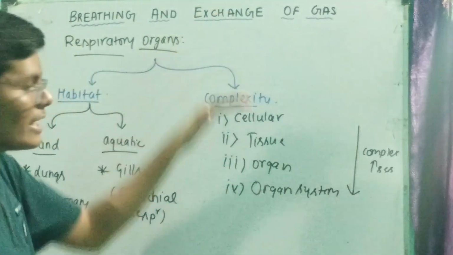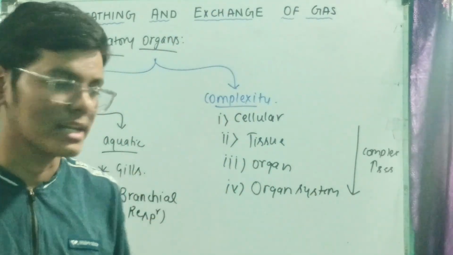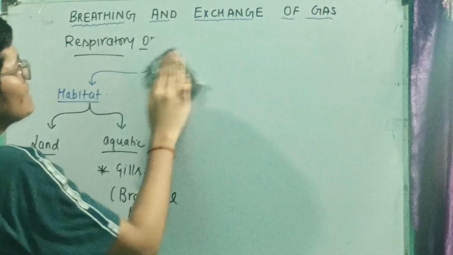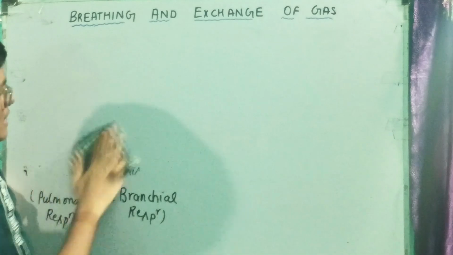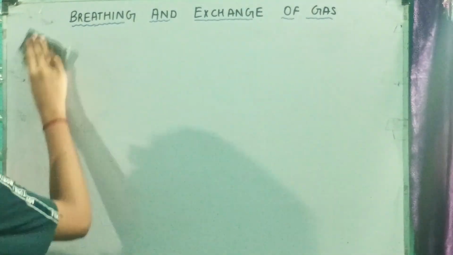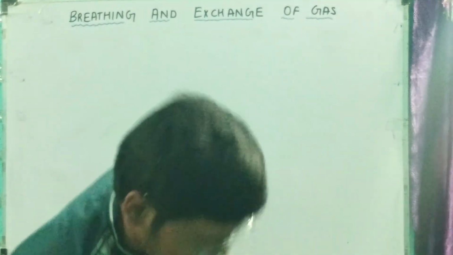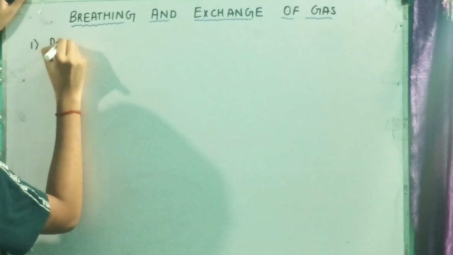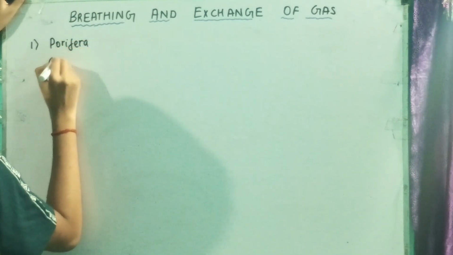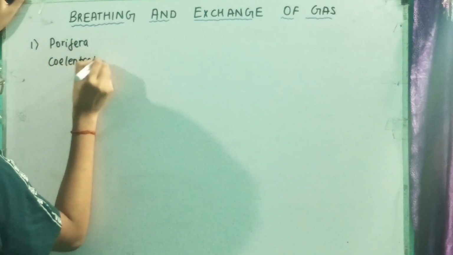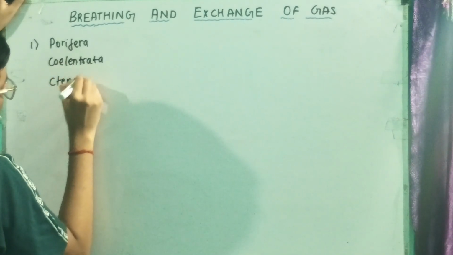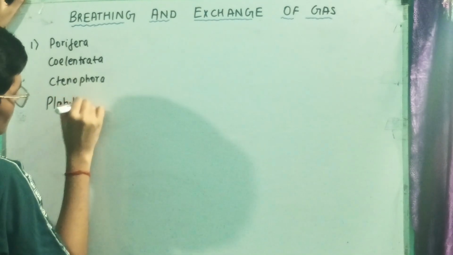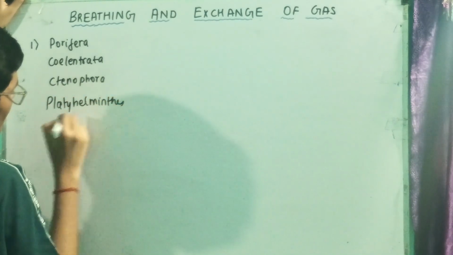To understand that, we will write down all the phyla that we have learnt from the animal kingdom. We have 11 phyla which are arranged in the order of their complexity, starting from Porifera to Chordata. So we will write down all the phyla. The first one is Porifera, Coelenterata, Ctenophora. Then we have Platyhelminthes. Then we have Aschelminthes.